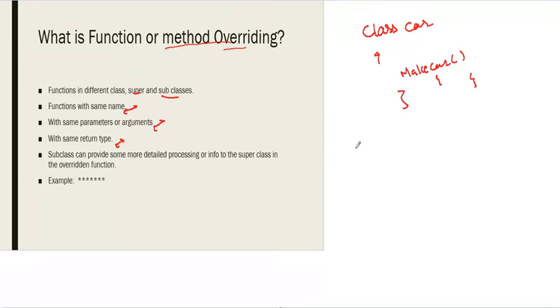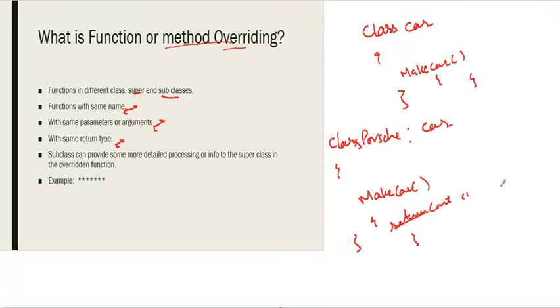And we have another class called, let's say, Porsche, and this class is inherited, or it's a subclass of class car, and it implements the same function make car, but it makes, whatever, cout or printf, whatever, make Porsche car.